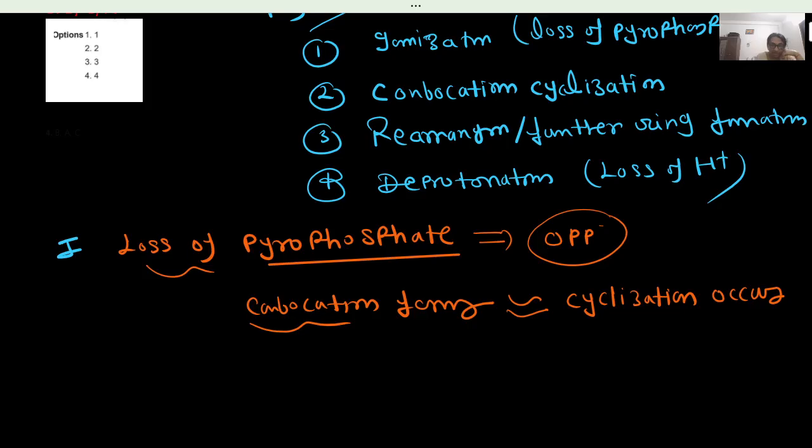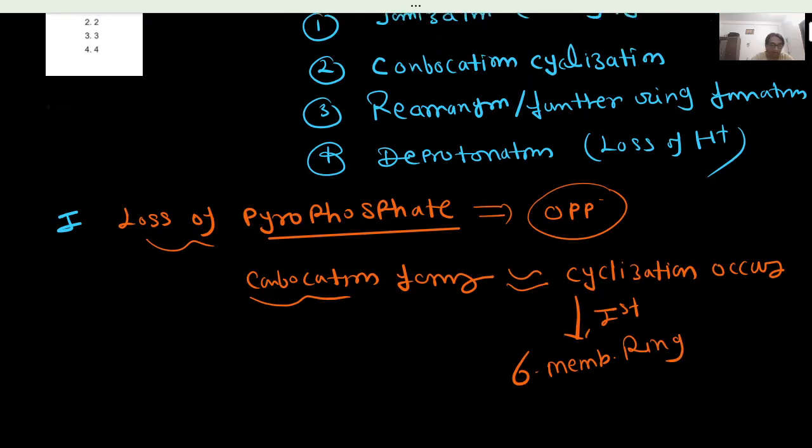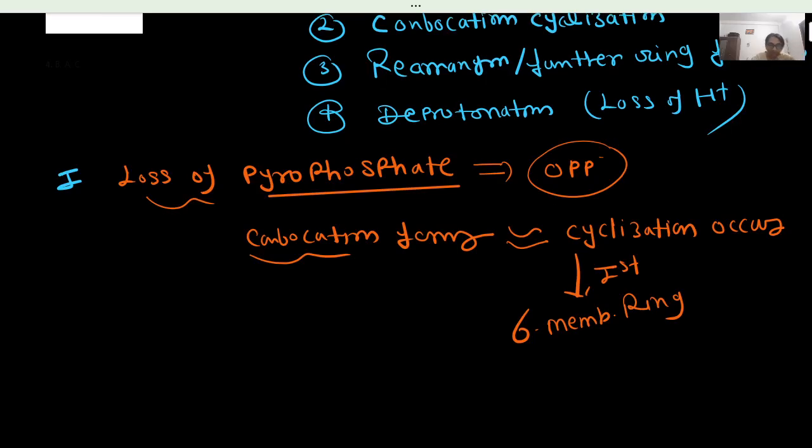Here the first cyclization forms the six-membered ring. That means six-membered ring formation with loss of OPP, inorganic pyrophosphate. This corresponds to step number 1, step A, in the given options.